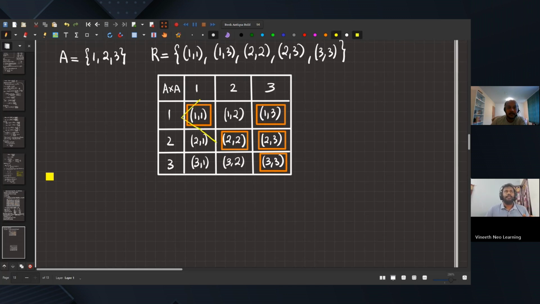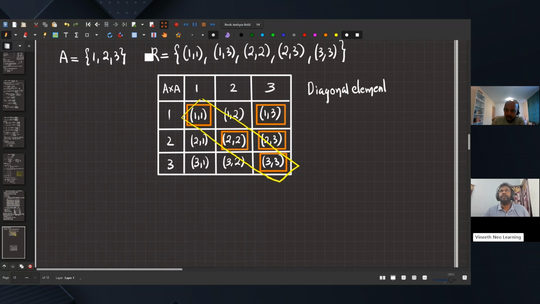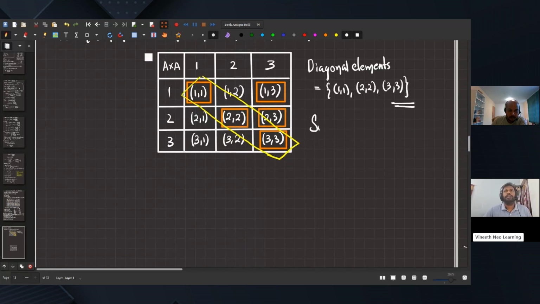The diagonal elements are (1, 1), (2, 2), (3, 3). Such a relation is called reflexive.